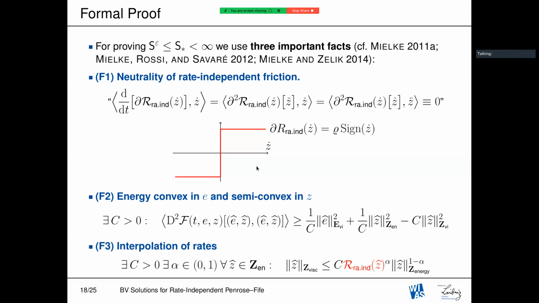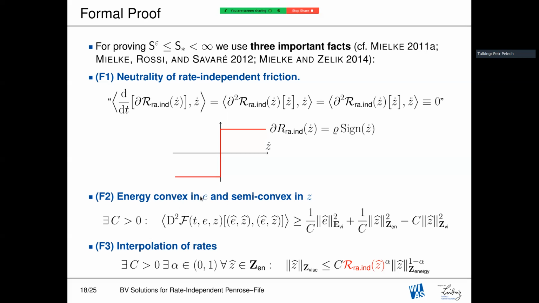It disappears. The second thing is we have energy which is convex in E and semi-convex in Z, because we need stronger assumptions on the convexity in E, because we do not have the temporal control. There was no bound on E dot, and hence we control the behavior of energy by its convexity. Because if you tilt it, then the state cannot change so much.